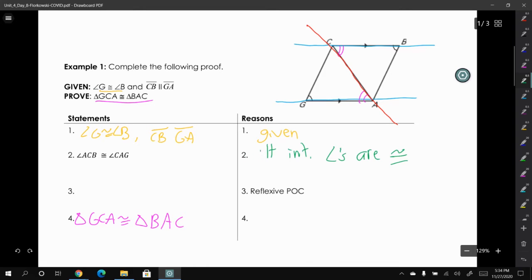Now, the next statement is blank, but we know the reasoning is the reflexive property of congruence. So when we see reflexive property, we're looking for a shared side. Well, I'm going to erase the parallel lines and transversals for a minute. And we see, oh, CA and CA, that's in both triangles. That's congruent to itself. So we have CA is congruent to AC.